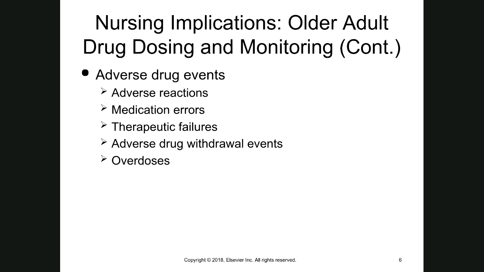Now you'll see increased bleeding if they take anticoagulants. Sometimes, like Coumadin, you'll have to have PT and INR labs done to make sure they're staying within range.